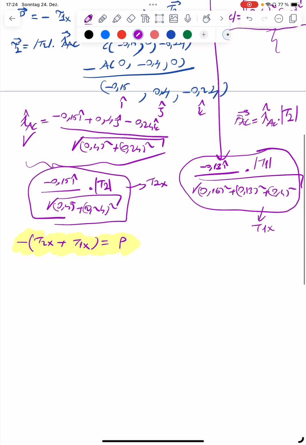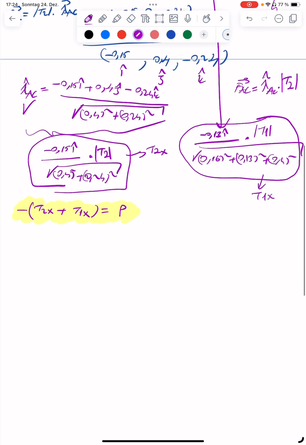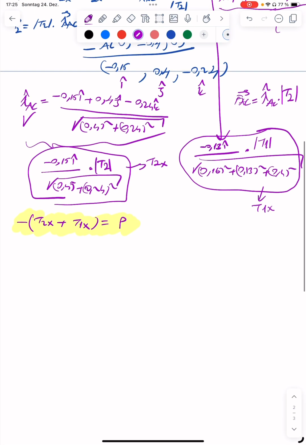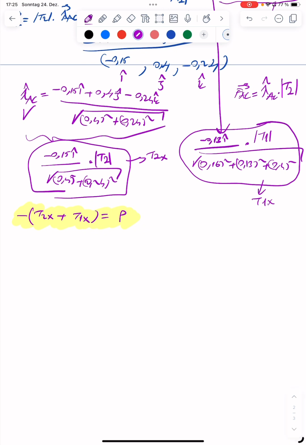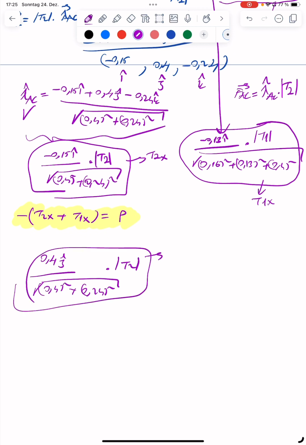So, in the y-axis, we have 0.4 j hat divided by the square root of 0.4 squared plus 0.24 squared, cross the magnitude of T2. It is T2 in the y-axis.